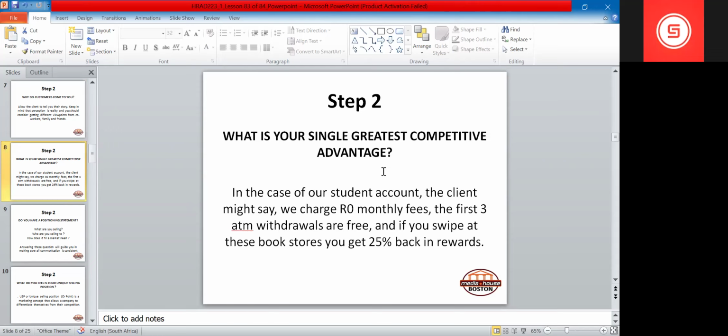What is your single greatest competitive advantage, right? So in the case of our student account, the client might say, we charge zero monthly fees. The first ATM withdrawal is free. And if you swipe at these bookstores, you get 25% back in rewards. Sure, okay.